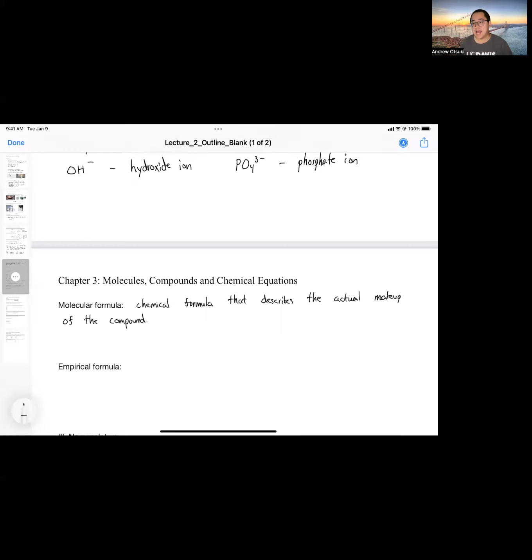So molecular is the actual makeup, empirical is the reduced form. Okay. So sometimes the molecular formula can be the same as the empirical formula.